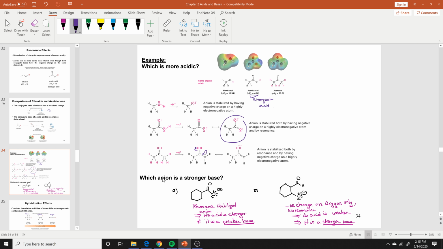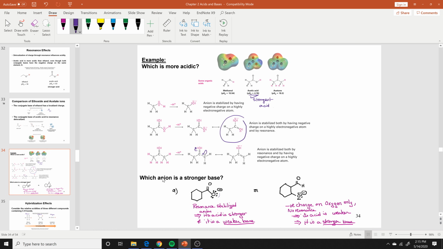Which anion is a stronger base? Again, look for the stability. If you look at the stability in here, resonance always stabilizes the anion. If resonance stabilizes the anion, then it's going to be a stronger acid.